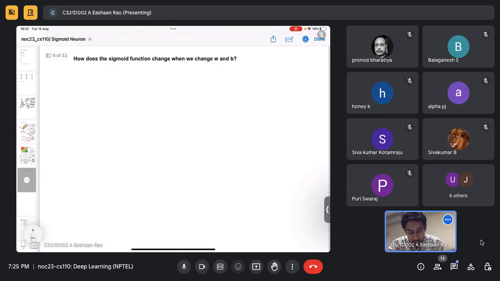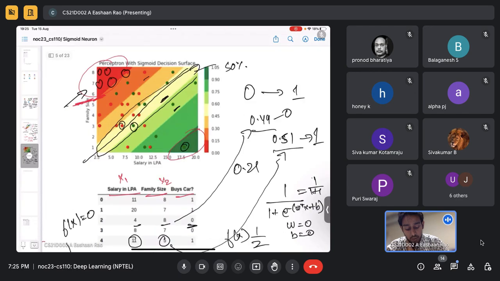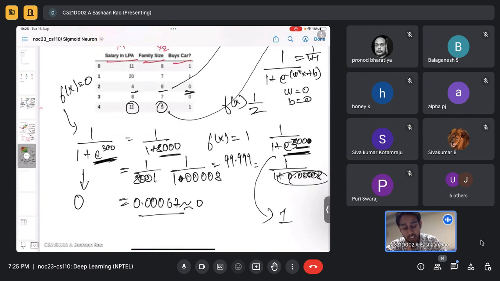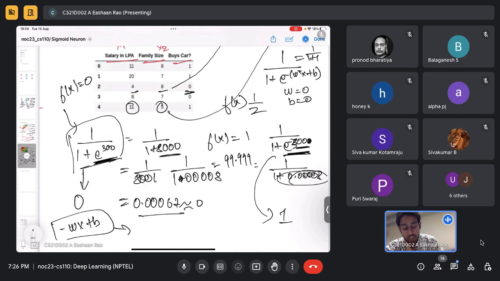Let's see what else. The next question is, how does a sigmoid function change when we change w and b? You have already seen from the mathematical model itself that for the equation wx plus b, if I get a positive value as the final output, my value will be closer to 0.